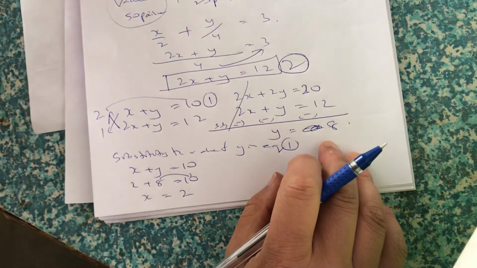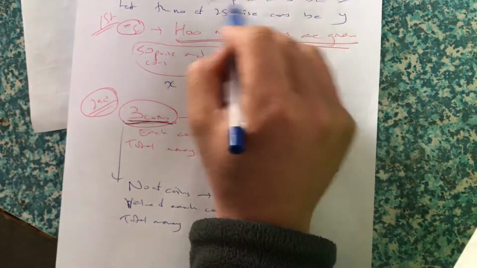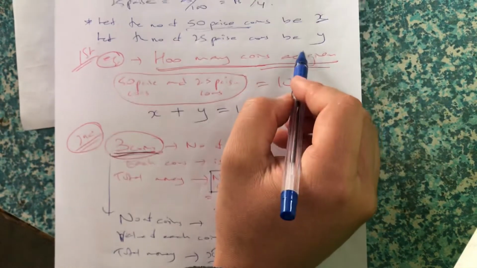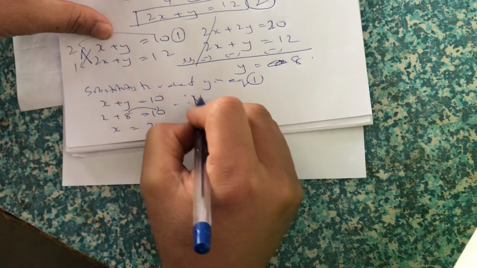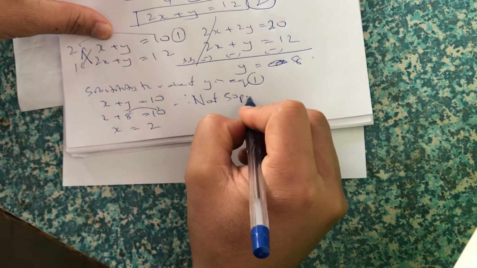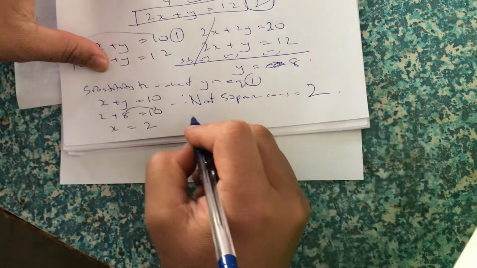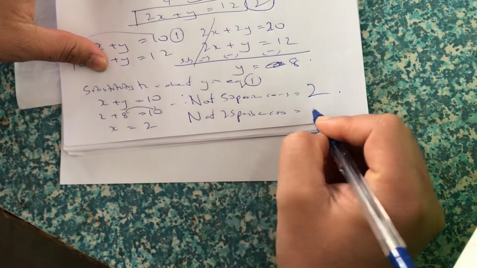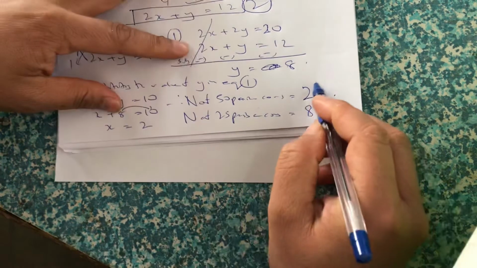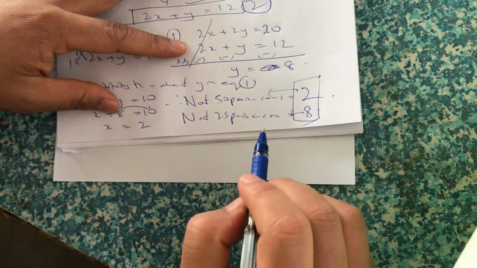But what were x and y? x was the number of 50 paise coins, and y was the number of 25 paise coins. So the number of 50 paise coins is 2, and the number of 25 paise coins is 8.